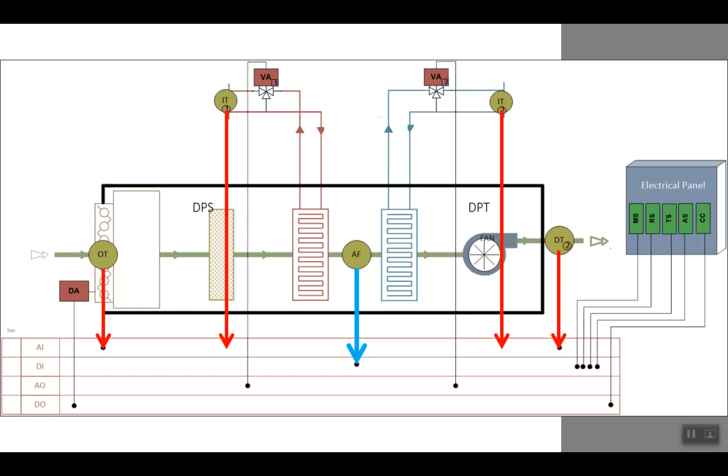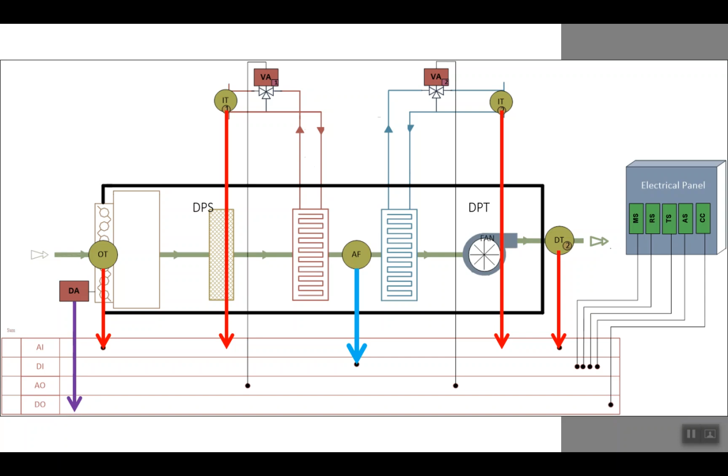To prevent freezing, when the antifreeze switch detects a bad situation, it is going to close the damper actuator at the inlet and also switch off the fan to protect the coil. This information is provided as a digital input to the BMS because it's a switch sensor, so the output is 0 or 1. Okay, great.